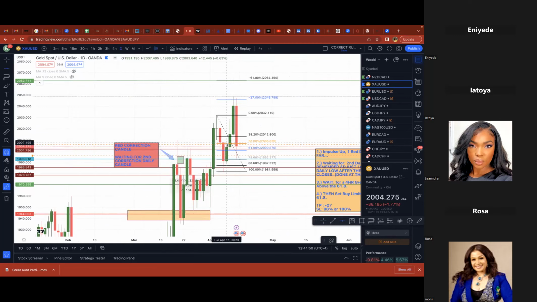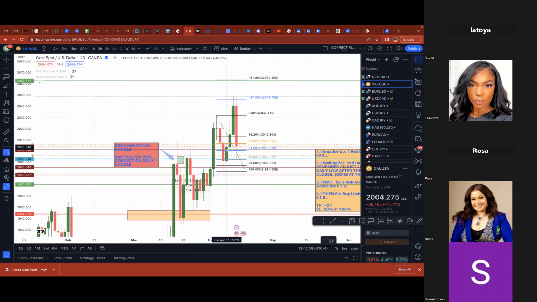You see where price came up about to the 50% right here. And then on the daily here, price pushed, I'm sorry, hold on, not the 50%. We're looking at the 61.8. That's our key level. So price pushed up on this first green candle through the 61.8.